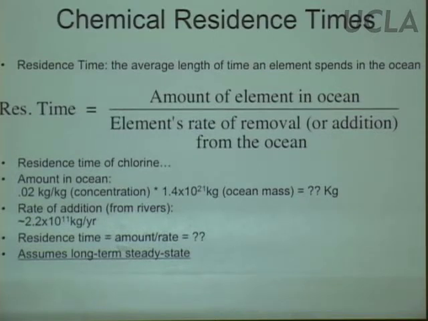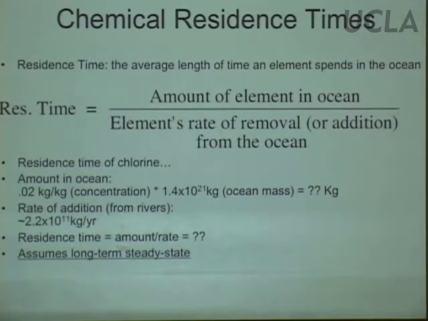You can think of this for whatever you're interested in: sodium chloride, the water molecules themselves, some biological molecule, or a pollution molecule. How long, on average, does one particle of that stuff spend in the ocean before it falls out? Or we can think of it in terms of how quickly it is being added to the ocean naturally relative to how much is already there? This gives us a sense of rate of change or consistency of the material in the ocean.